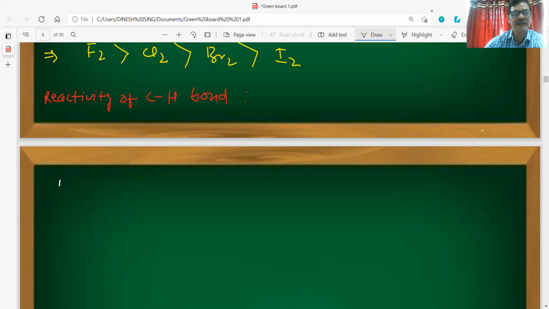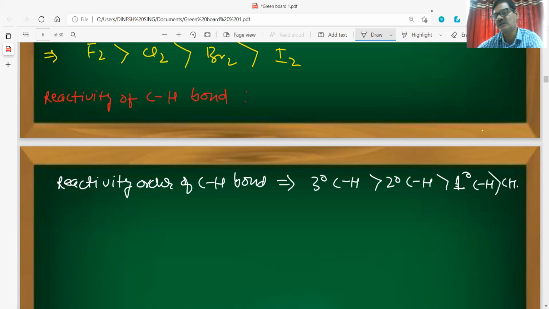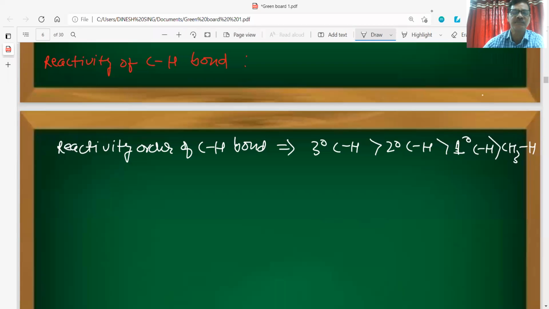So here we can see the reactivity order of C-H bond is 3 degree C-H is more reactive than 2 degree C-H, then 1 degree C-H, then CH3-H. So this is the reactivity order because reaction is taking place through the free radicals. So if we see the stability of free radicals.